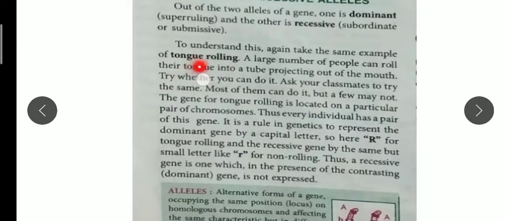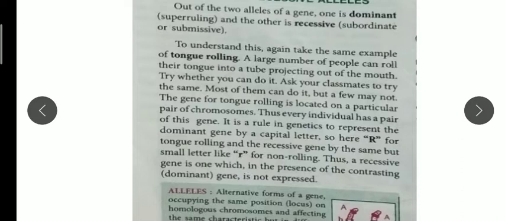We have the gene for tongue rolling. So a few people have alleles like capital R for tongue rolling, and small r is the recessive gene for non-rollers.